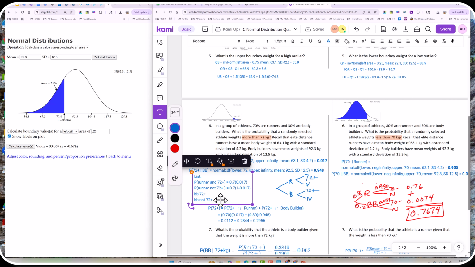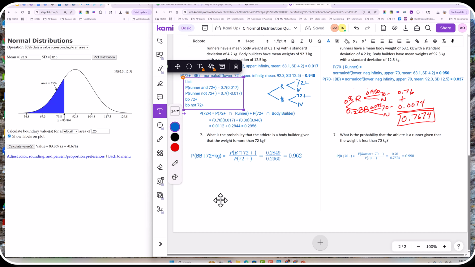All right. Then the probability they're a bodybuilder and 72 plus is the probability they're a bodybuilder, which, we said, 30% are bodybuilders, 0.3.